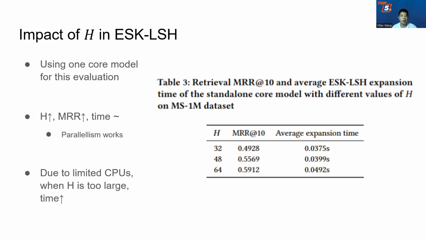This means our parallelism works well, and it can effectively increase MRR with a very tiny sacrifice on the search time. But due to the limited number of CPUs, when H is too large, like 64, the time is unavoidably increased.